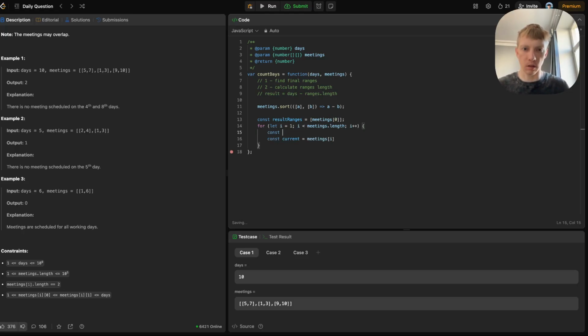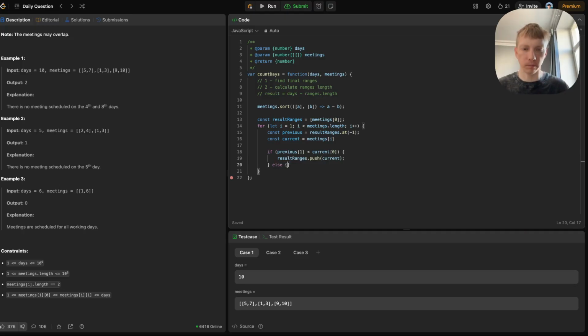Const previous is result ranges at -1, and now we need to calculate: if previous[1] is less than current[0], then we will just push it to the result ranges.